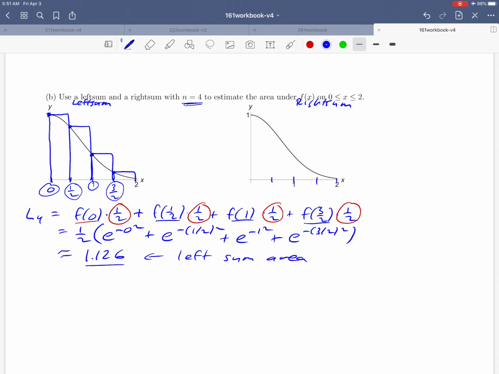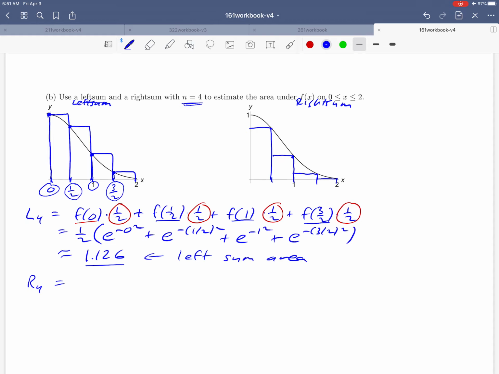This time we're going to use the right-hand endpoints to get our rectangles, so they're going to look like this. Notice that every rectangle that I'm drawing is going to hit the curve at the right-hand endpoint. We're looking for the area of those 4 rectangles to get what's known as R4.